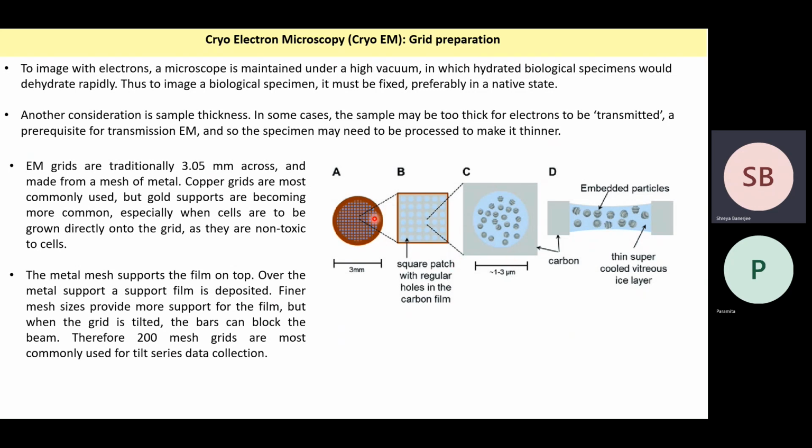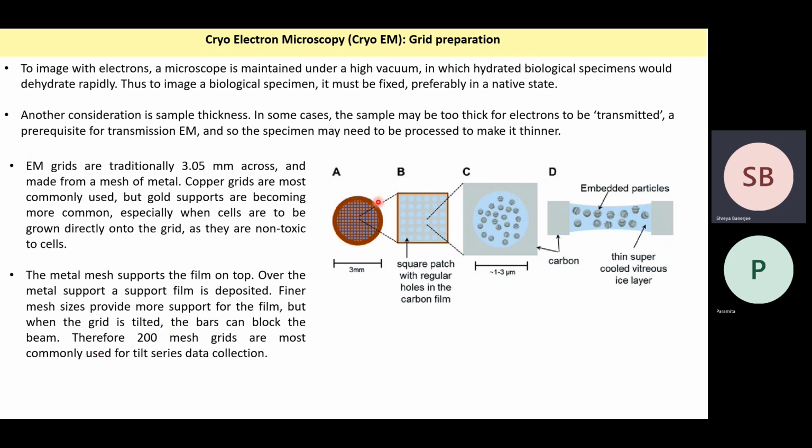So it is basically 3 levels of organization. Firstly, on the grid, there are squares in which there is a carbon film with regular holes. And in each of the holes, if you magnify them, the biological specimen is suspended. So finer mesh sizes provide more support for the film.